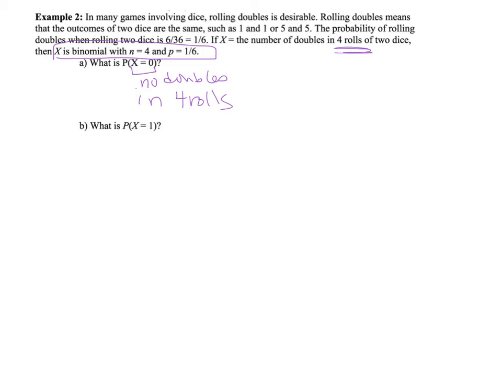For this one, you want the first roll to be not a double. You want the second roll to be not a double. And you want the same thing for the third and the fourth, which is very unfortunate if you're sitting in jail in Monopoly. So we want to know the probability that this happens 4 times in a row.